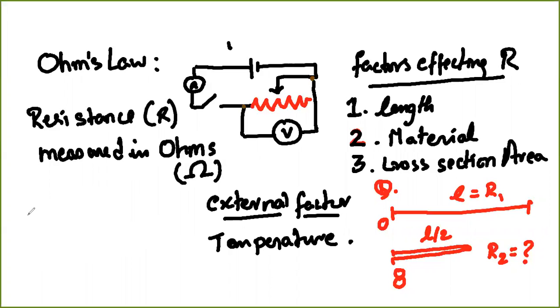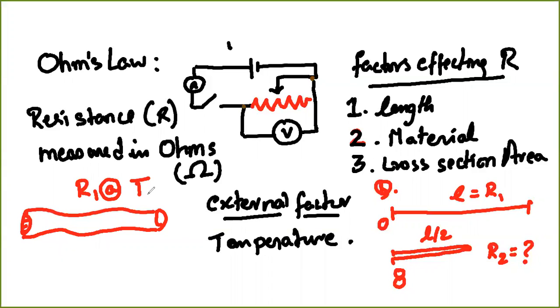So you have a certain conducting wire, with a certain cross section area made of a certain material, and it had a resistance R1 at temperature T1. Okay, if T1 goes up, what will happen to the resistance? Any guesses?